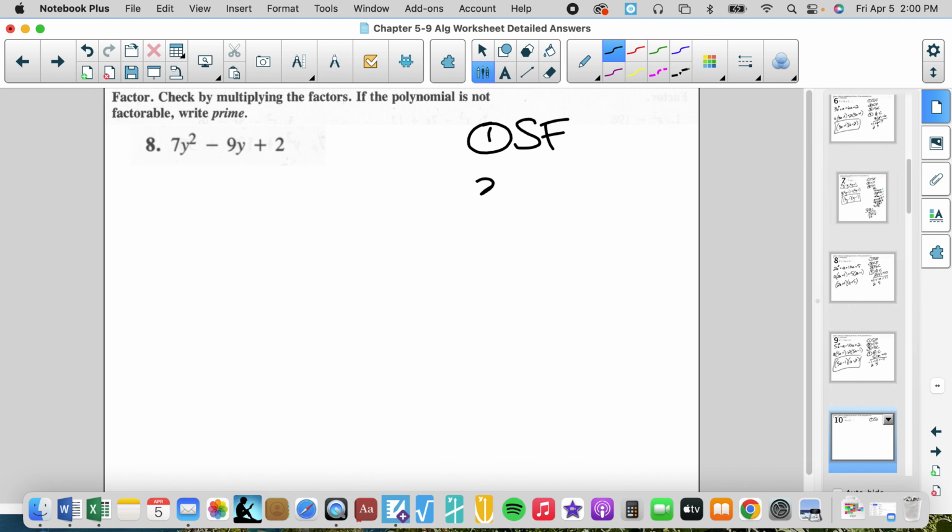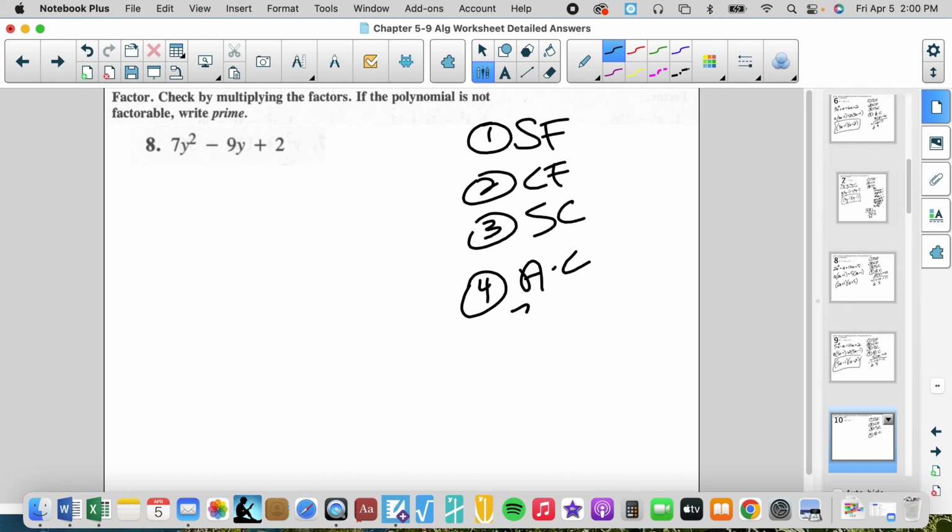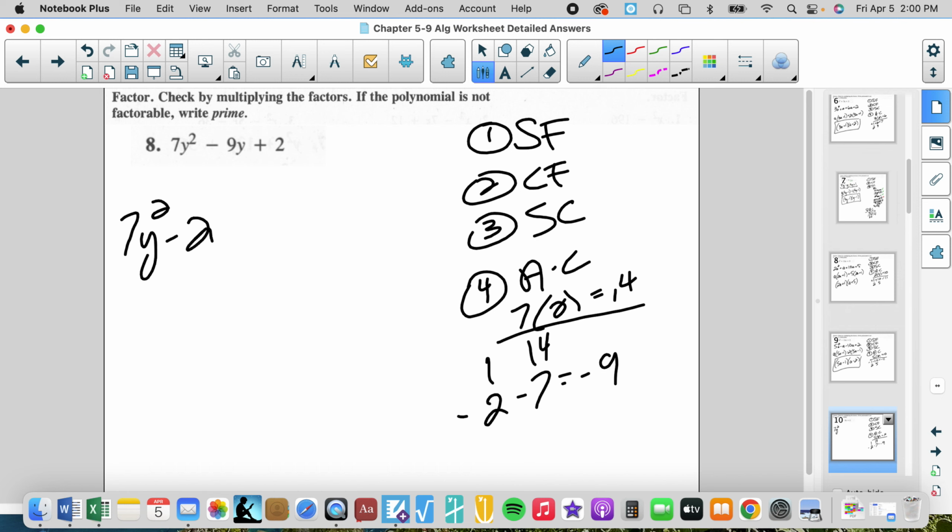Standard form. Common factor. Special case. A times c. 7 times 2 is 14. 1 and 14, 2 and 7. Signs are the same. Both are negative. -9. 7y squared minus 2y minus 7y plus 2.